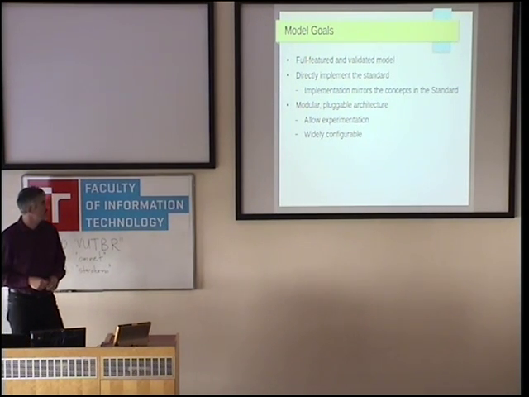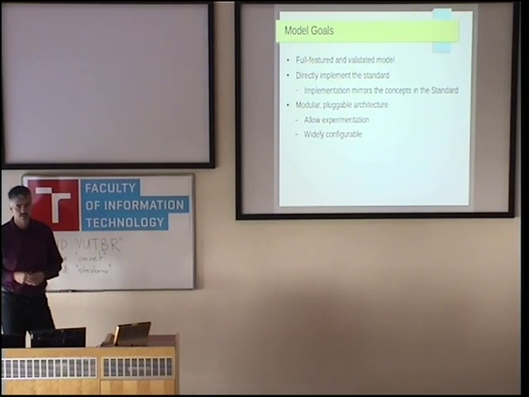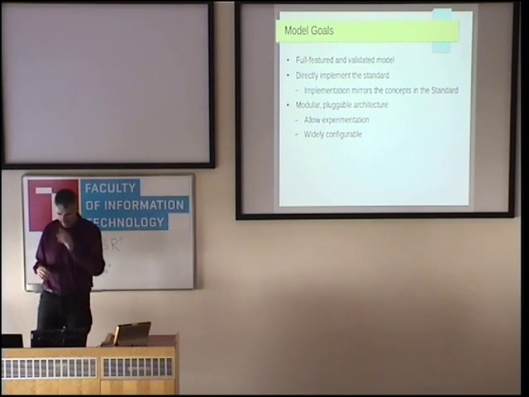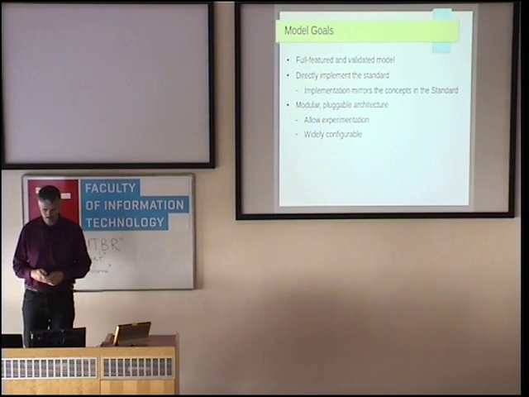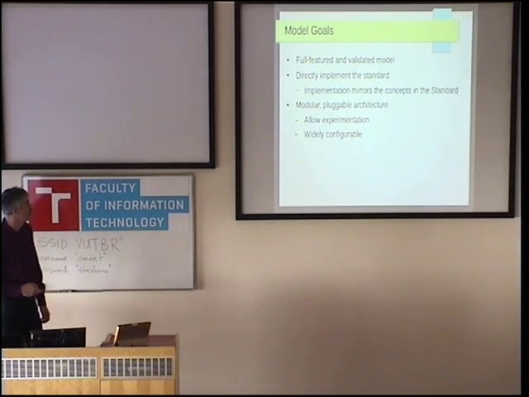During the implementation, we try to focus on implementing the standard directly and avoid too many in-house loose abstractions. Of course, we want to make it modular to support research and experimentation. So these are basically the goals of the model. This is just a reinforcement of the original goals.